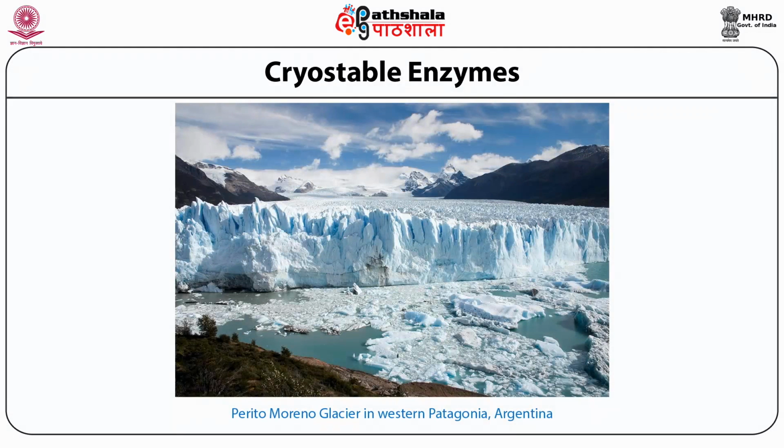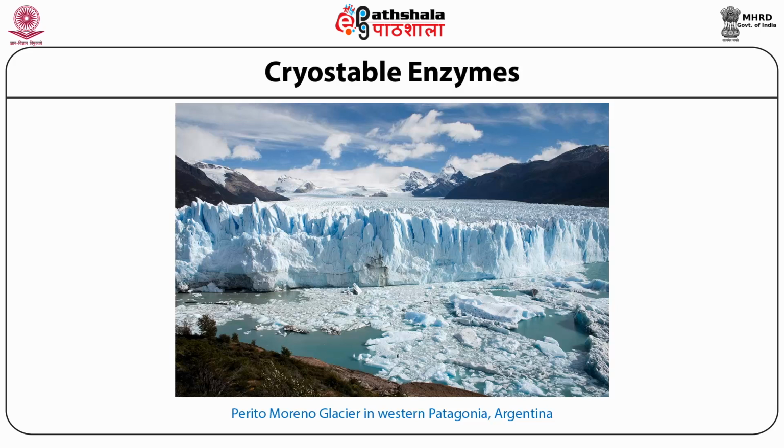So students, let's move on to the other extreme of temperature and the organisms which live there: cryostable enzymes. The cryostable enzymes are isolated from organisms living in conditions of glaciers or other very extreme low temperatures.